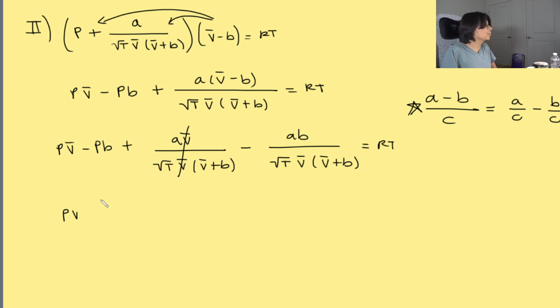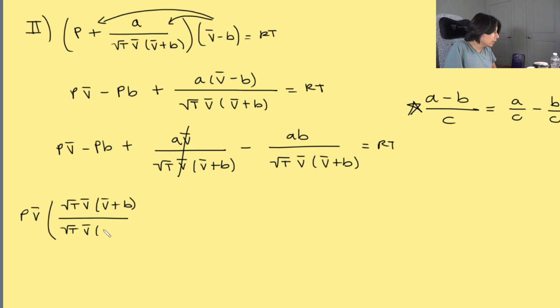I'm going to write a little bit smaller because I have the feeling I'm going to run out of room really quickly. I'll just make the pen smaller. Let's see what works better. So then this is square root of T v bar plus b over this.